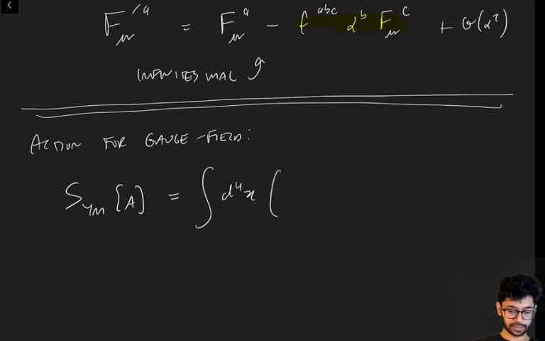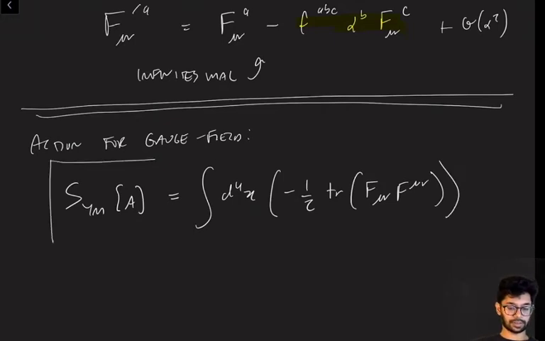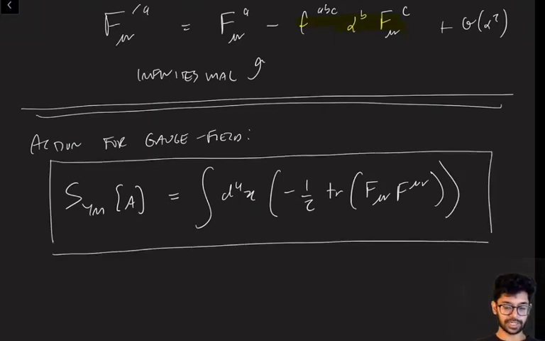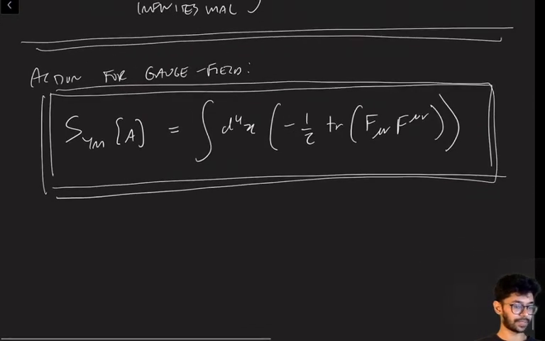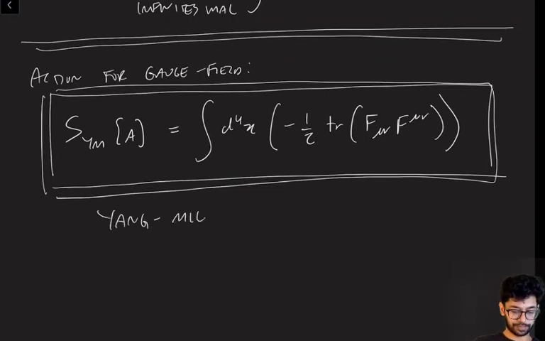This is the definition of basically the only possible action for this gauge field. So this is called the Yang-Mills action for non-abelian gauge theory.